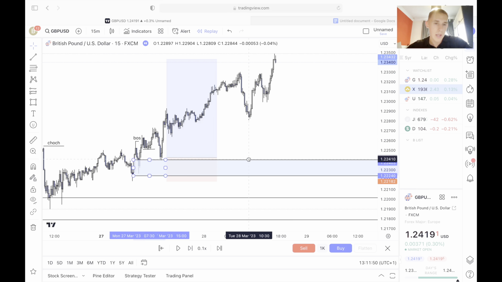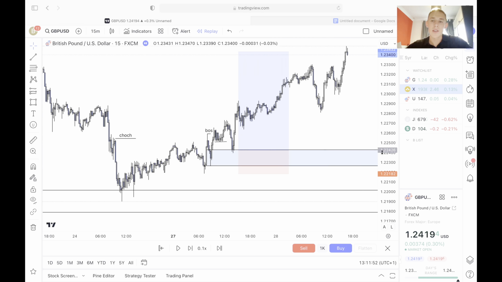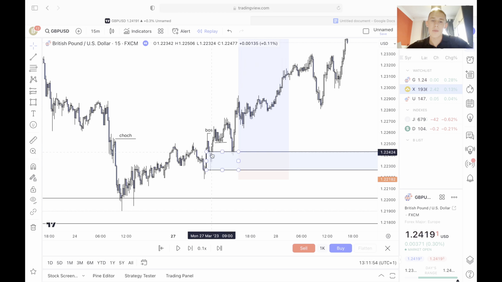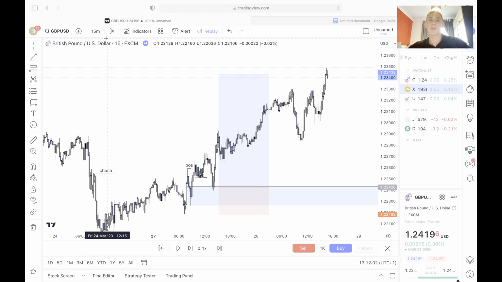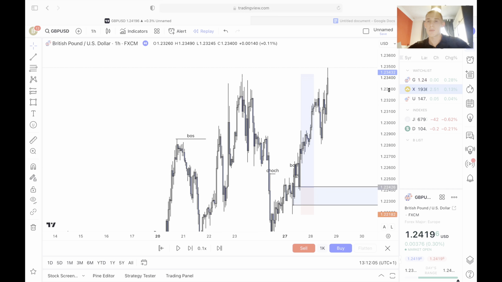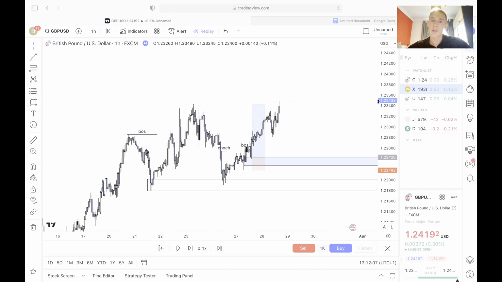And hits take profit. Once again, notice how when you get this area of demand which sweeps liquidity and has liquidity above it, price comes in, rejects, and cannot push past it. This happens all the time, and it's why this particular strategy works very well.